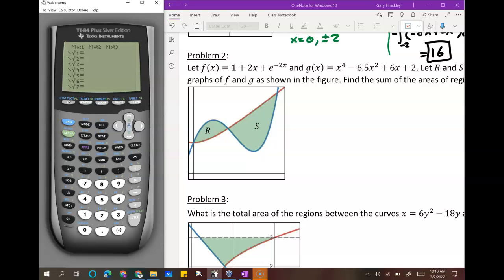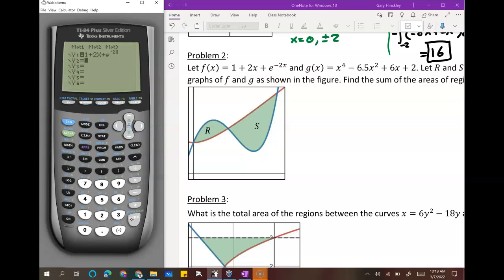All right, so I'm going to go ahead and have my first one, 1 plus 2x plus e to the negative 2x, except I didn't do my power, so let me go ahead and get my power. There we go, negative 2x. All right, and then I also want to show you something that's really neat.